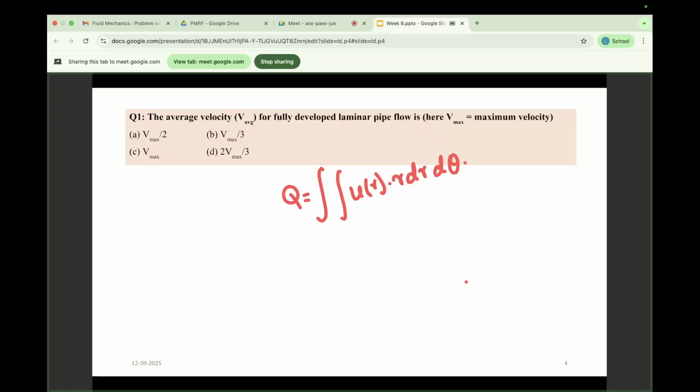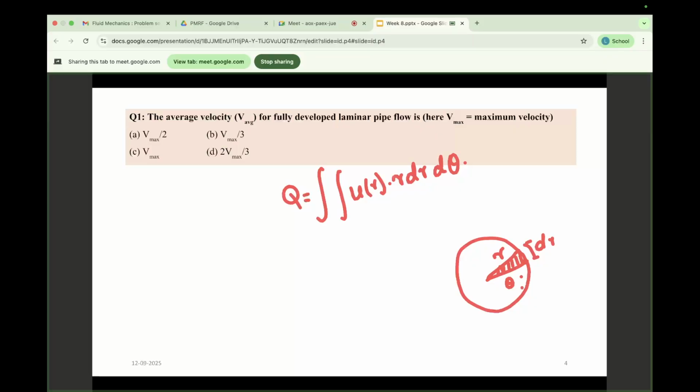Why did this come? Say this is a circle, right? If you have to find out this area, how will you find out this area? This is r, I know. So this small region is dr, this is a straight line, and this angle is theta.